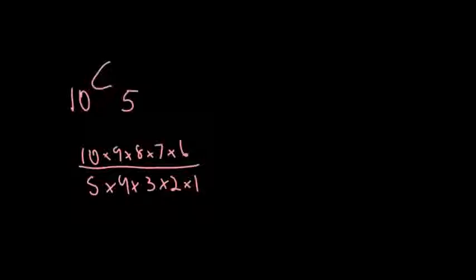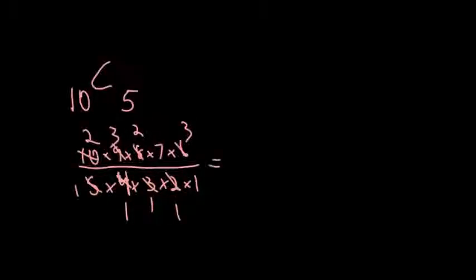So this looks pretty big, but again, you can multiply or you can simplify before you multiply here. So 10 and 5 reduced to 2 and 1. 9 and 3 reduced to 3 and 1. 8 and 4 reduced to 2 and 1. And then 6 and 2 reduced to 3 and 1. So all I got left on bottom are 1s.